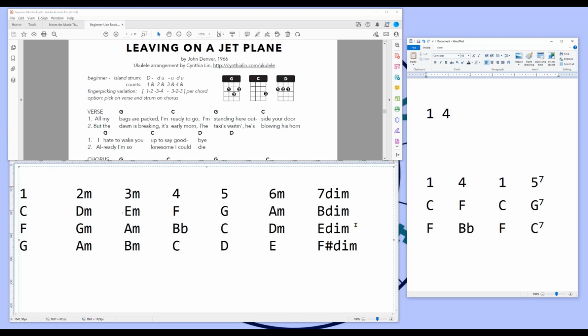Then you go 1, 4, 1, 4, and then the D you'll see is a 5.